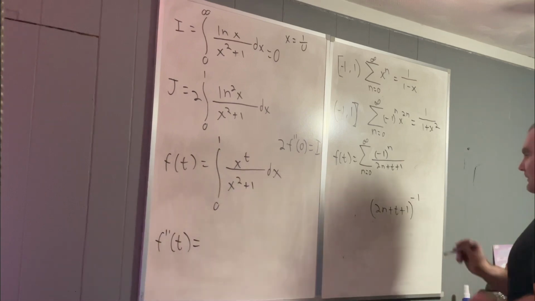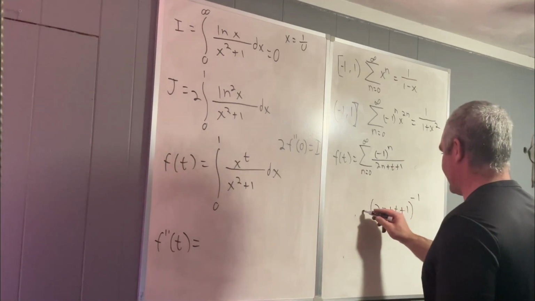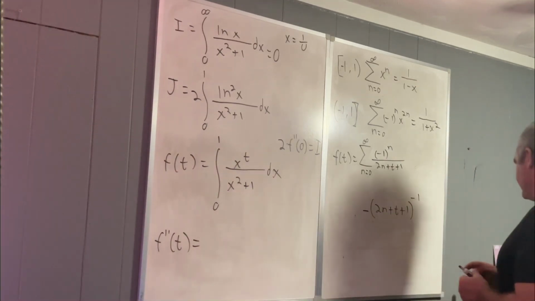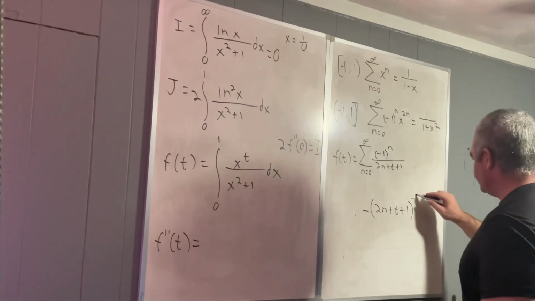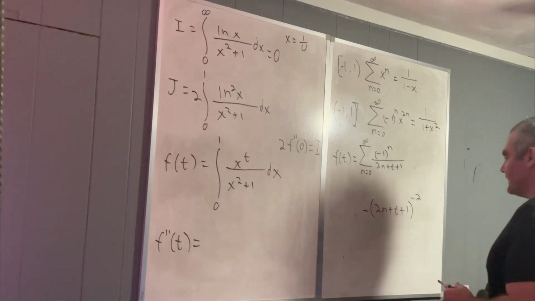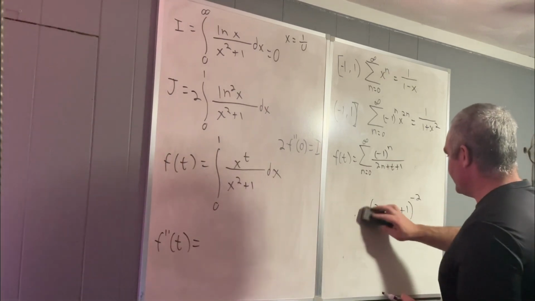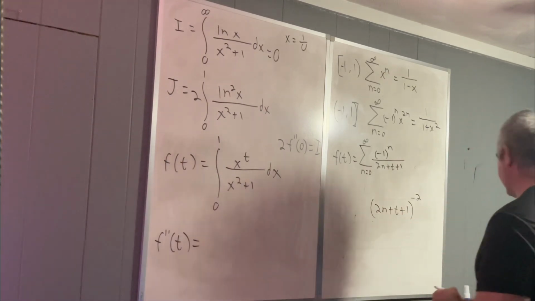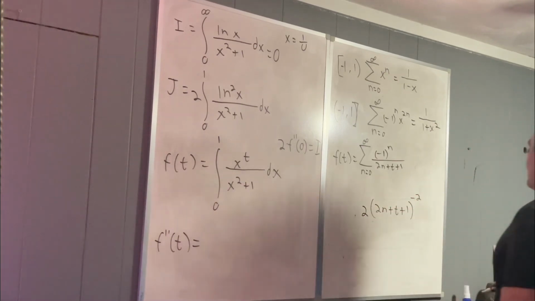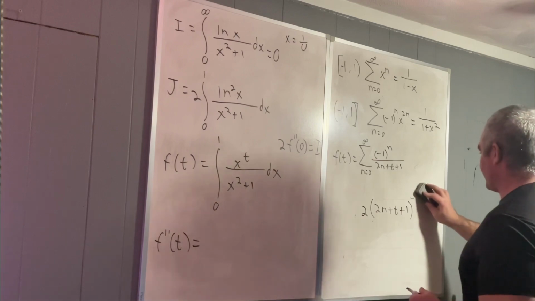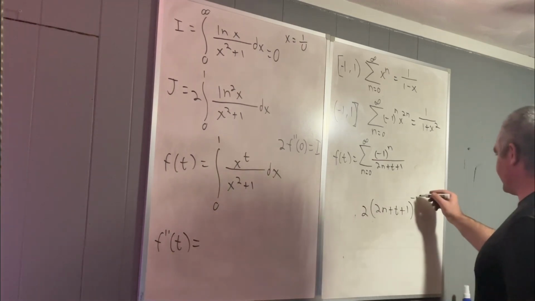Well, our first derivative would just give us a negative sign there, and this would turn to a 2. So that's taking one derivative. Take another derivative. We'll get back a -2, so that will just be 2, and this will change to a -3. So there we go. That's two derivatives of that thing.